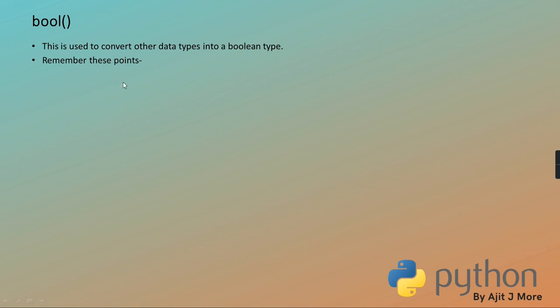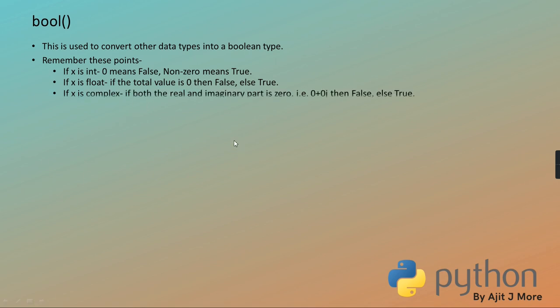Then points to remember. If your x is integer, 0 is false, and all other values other than 0 are true. Clear? Then if x is float and it is 0, meaning the value before the decimal and the value after the decimal both are 0, then false, otherwise true.